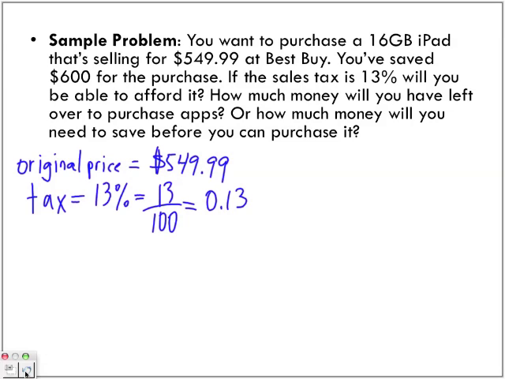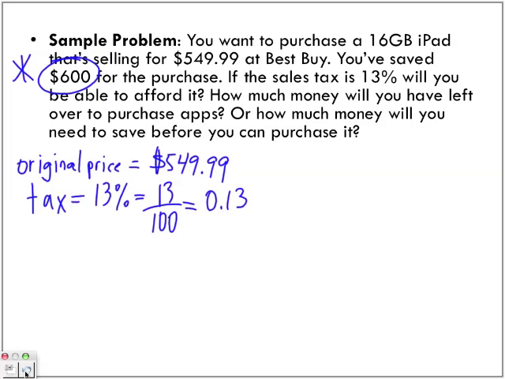Any other information? You say 600. So you've saved 600, but is the 600 going to come into play right away? No, because what are we going to need to figure out first? How much it actually is going to cost. So we're going to keep that in mind and put that off to the side. Remember this, because we want to go back to it.